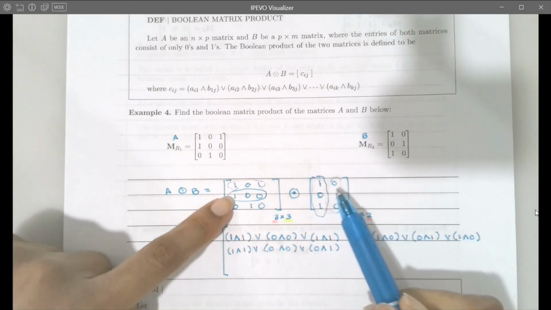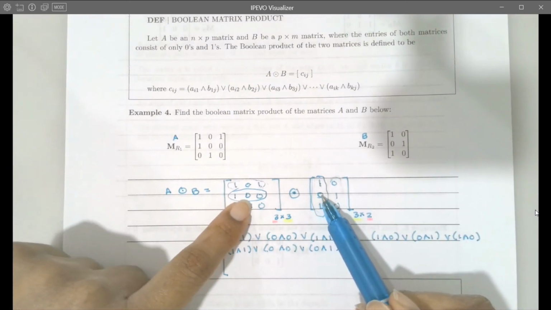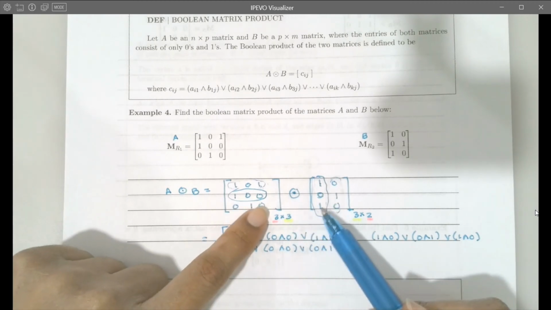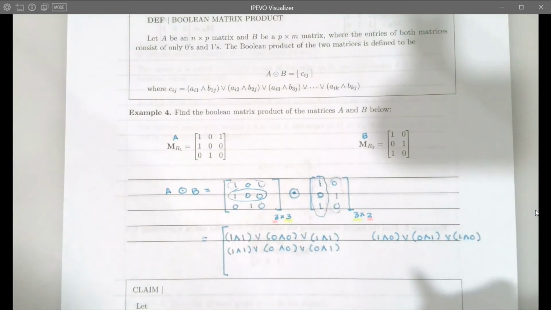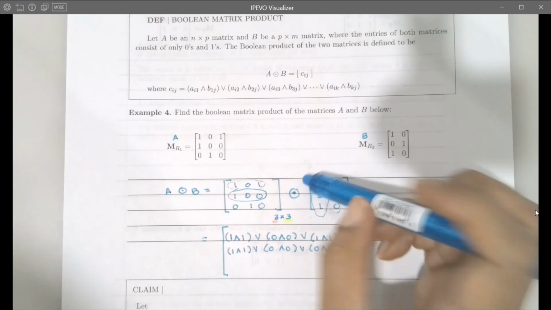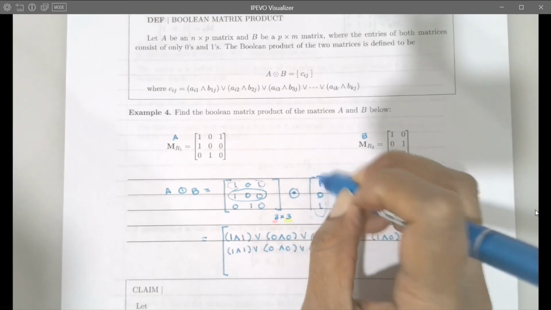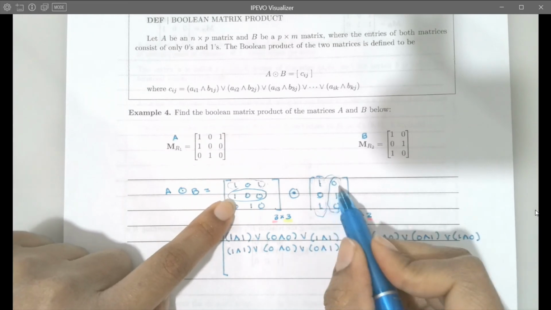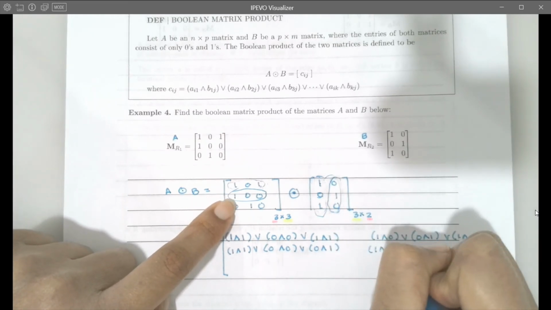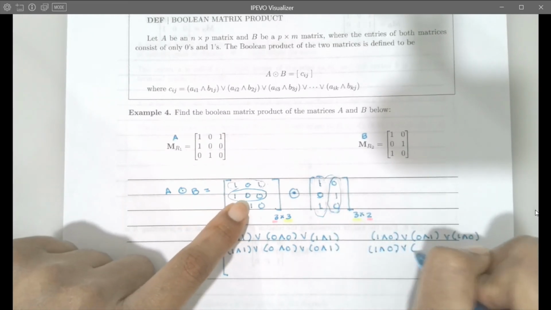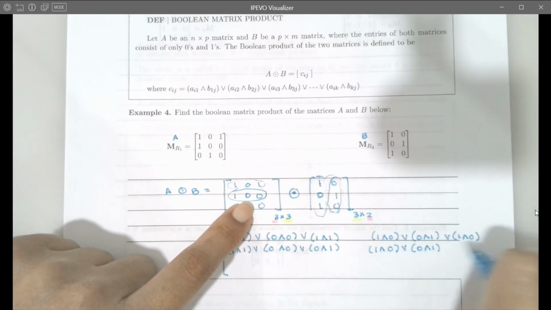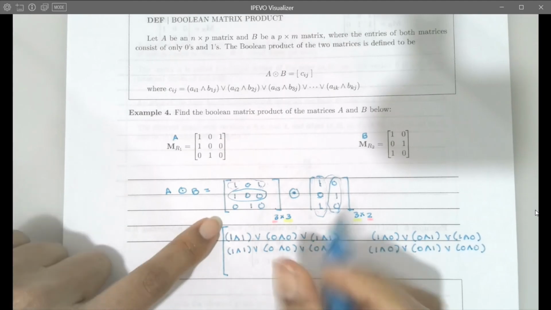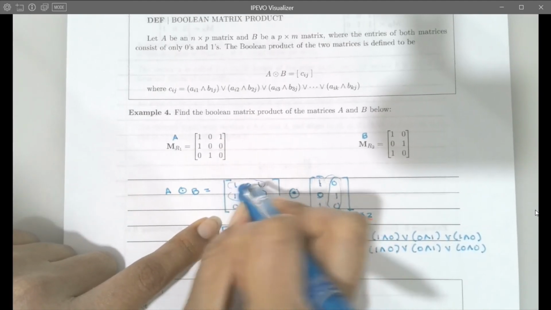Okay, again, I'm taking the 1 and 1, the 0 and 0, and then the 0 and 1. Alright, now we go to second row, second column. So still second row, second column now. We'll have a 1 and 0, or 0 and 1, or 0 and 0. Okay. Next one.